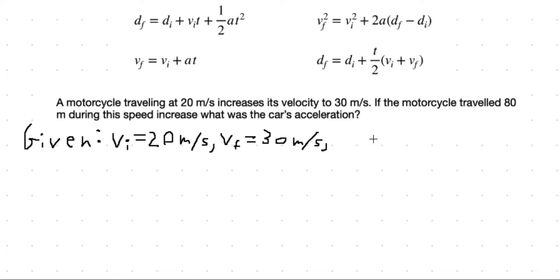So then it says if the motorcycle traveled 80 meters during the speed increase. So what we can do is we can assume that the initial distance, di, can be 0.